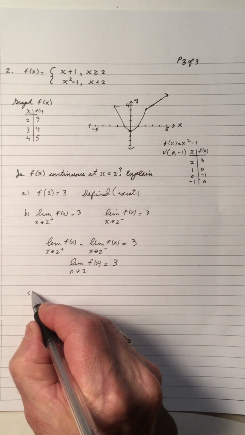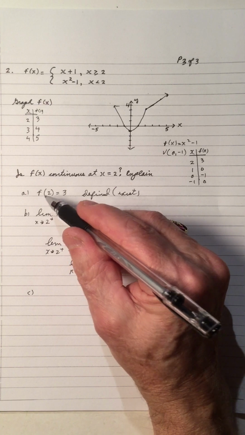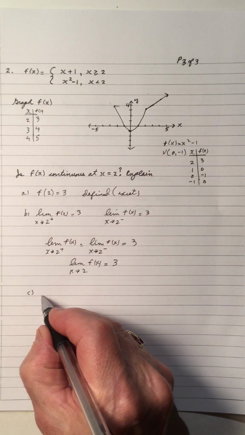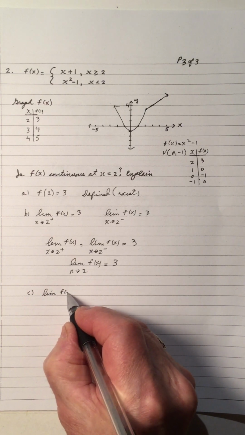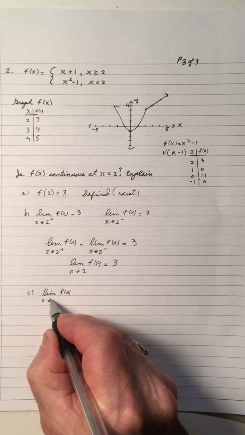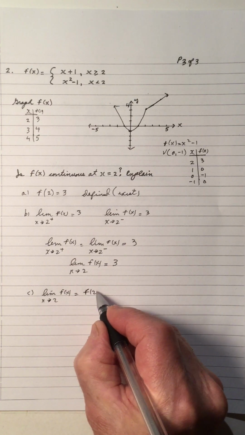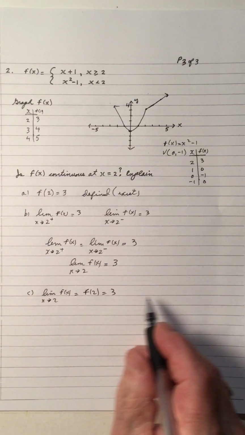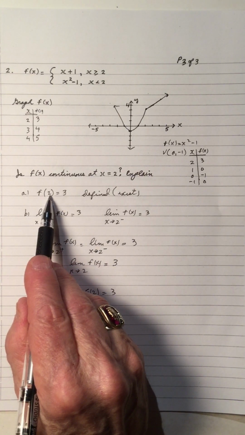Now, we got to make sure that where it's defined at and what the limit is are the same. So the limit of the f of x as x approaches 2 is equal to the f of 2. Both of them are 3's, so it's true. So it's defined at 2.